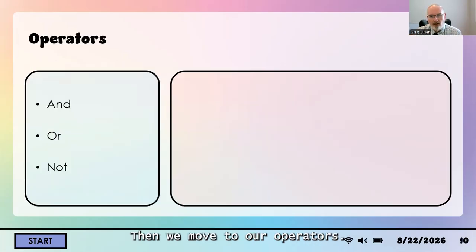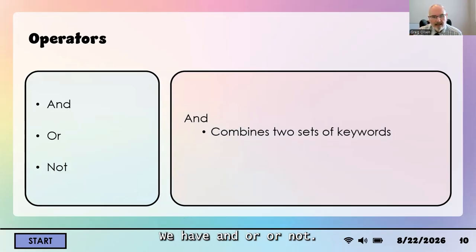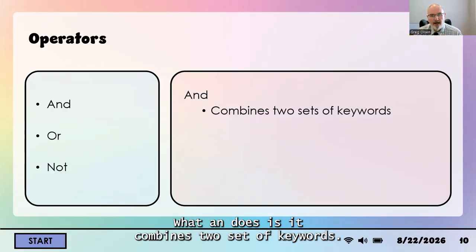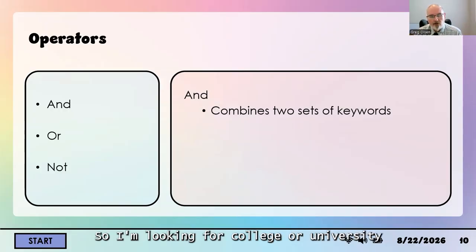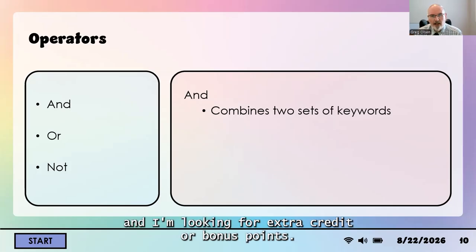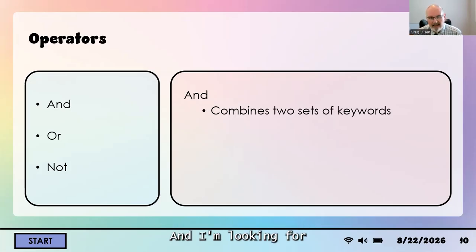Then we move to our operators. So we have three that we're going to talk about. We have and, or, not. What and does is it combines two sets of keywords. So I'm looking for college or university, and I'm looking for extra credit or bonus points, and I'm looking for teacher or teachers.